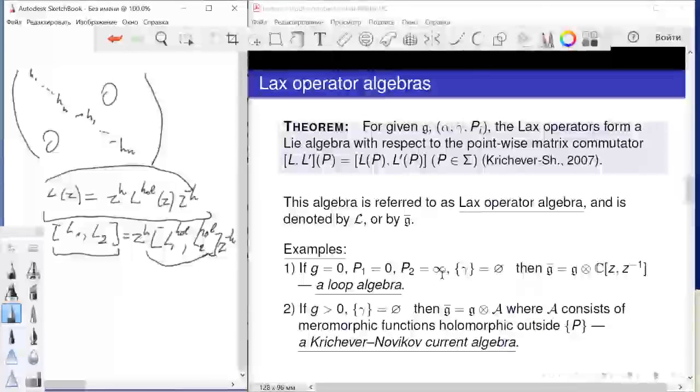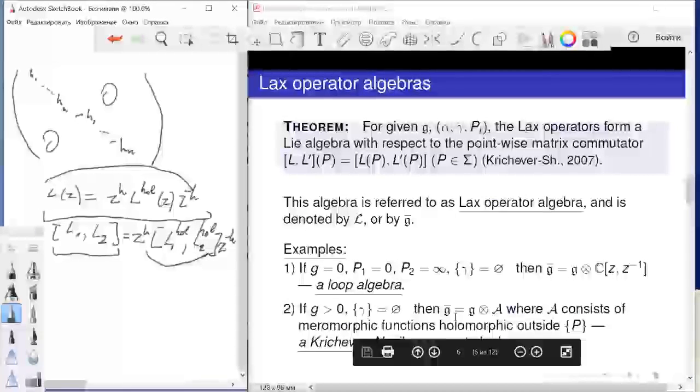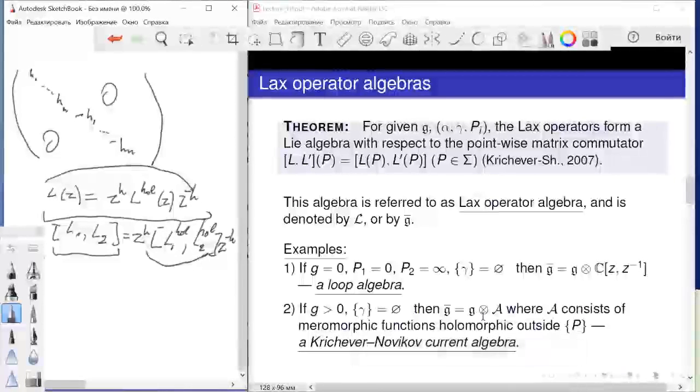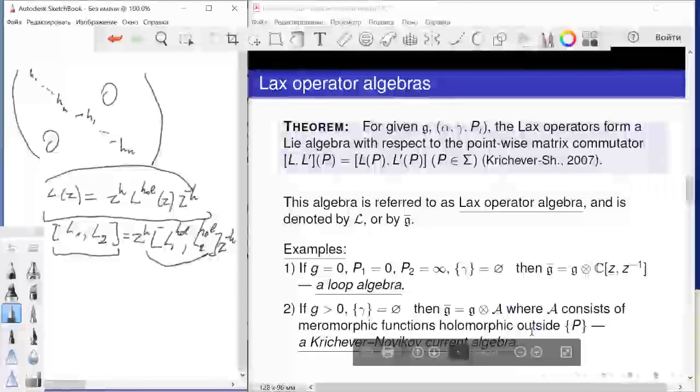And the Krichever-Novikov algebra is a similar thing, a tensor product of G by a commutative algebra of meromorphic functions on a Riemann surface of positive genus with a certain number of fixed poles and holomorphic outside them.